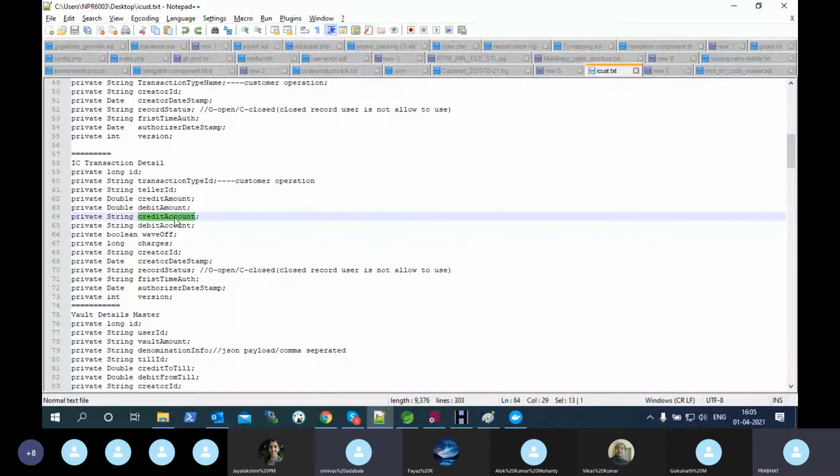Only cash deposit or cash withdrawal, bank account will come. If you are transferring from one account to another account, at that time your account, the debit account and the credit account will be involved. Got it? Why is everything pulling over here actually?